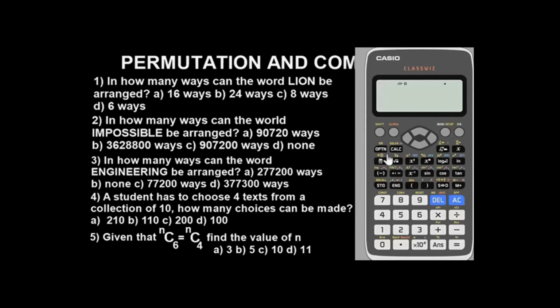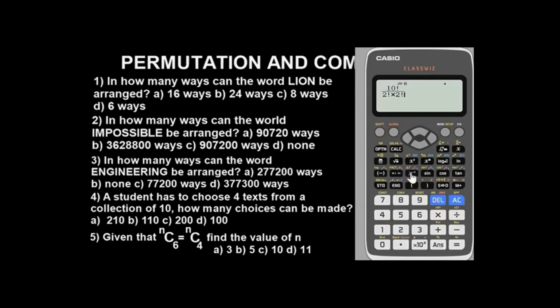So that means you use the fraction button, with the total number of letters, that's 10. 10 factorial, shift this, over. Since we have 2 letters that are being duplicated, that's 2 factorial, shift this, times 2 factorial.